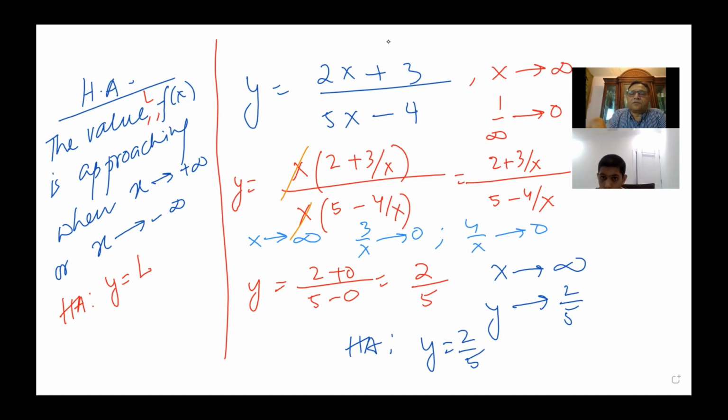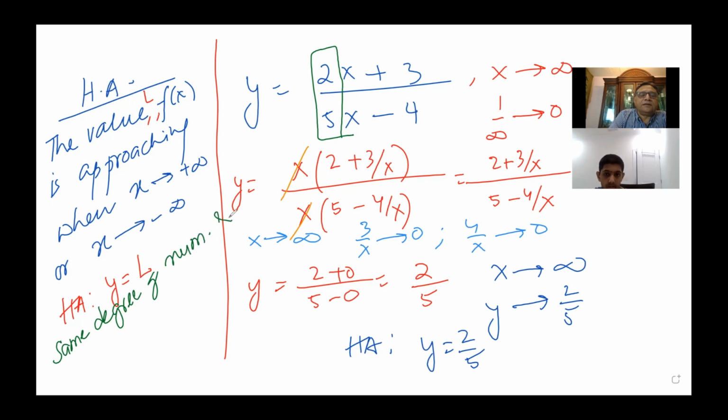Now, if you look into the equation, it is this ratio. Do you see this ratio 2 over 5? Yeah. So now here, if same degree of numerator and denominator, then horizontal asymptote is y equals to ratio of leading coefficients.